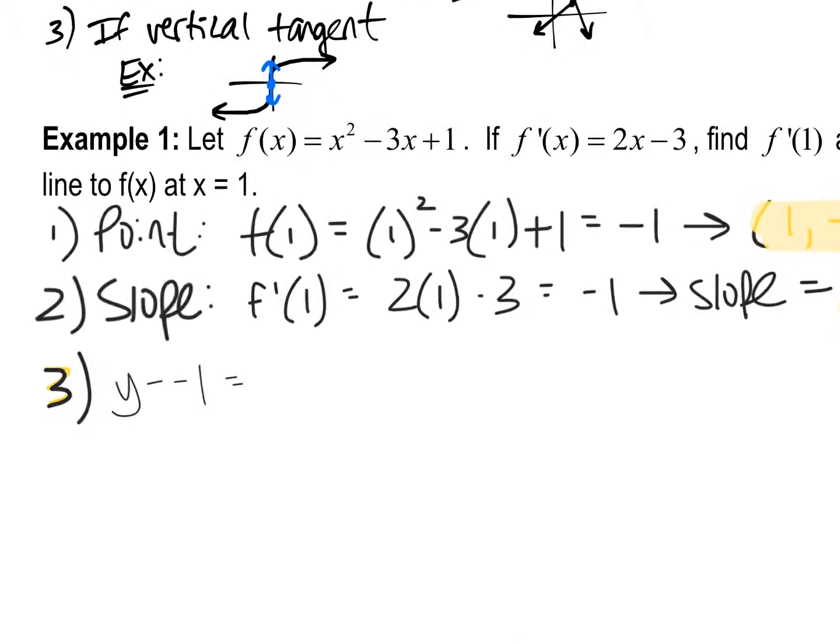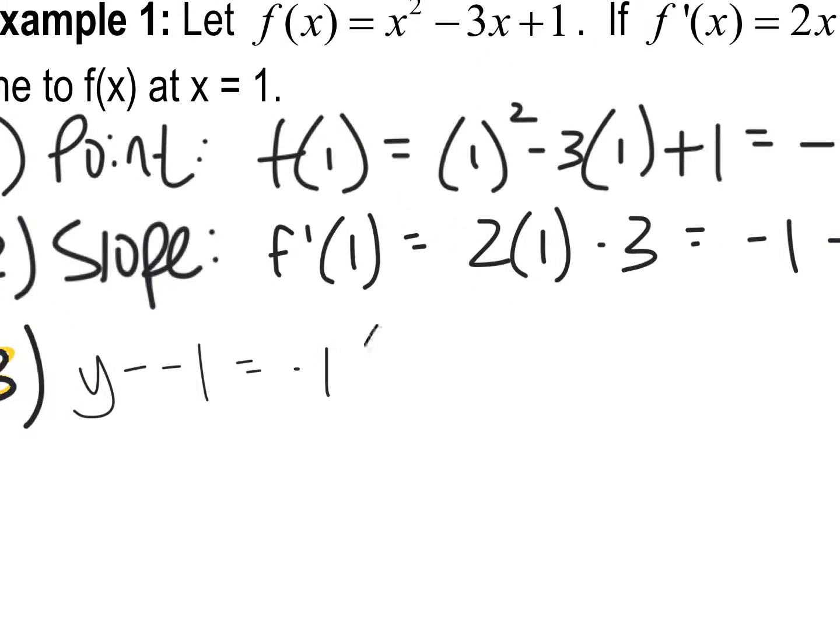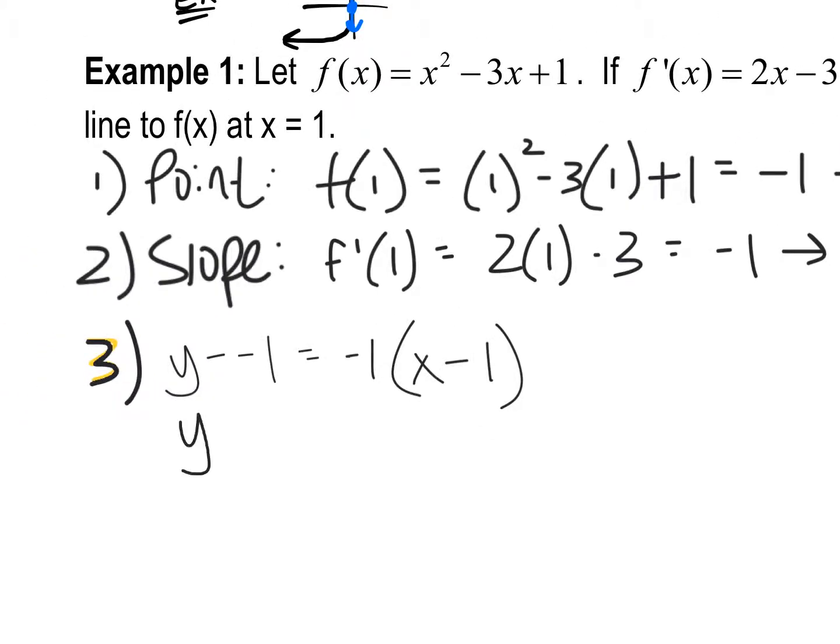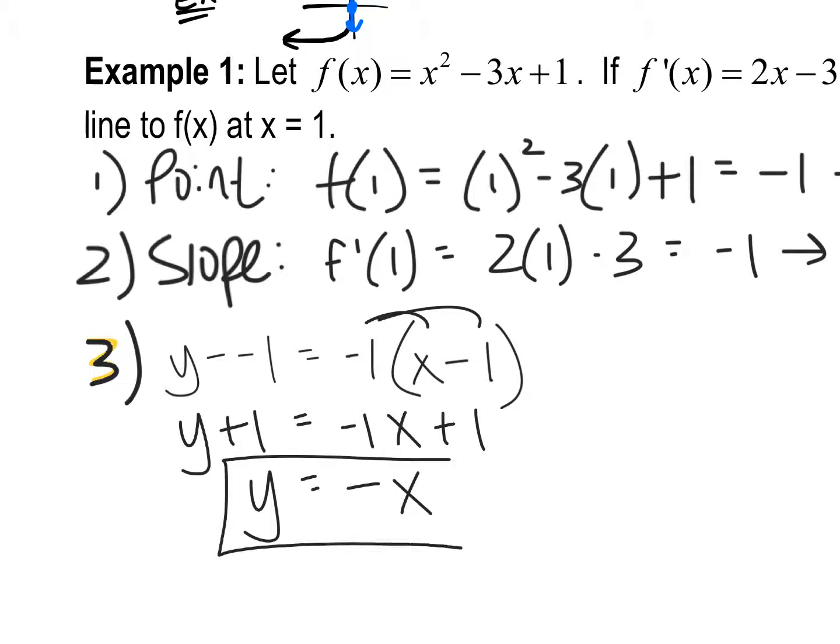Okay, so the slope is negative 1, and then you do x minus the x value, and the x value is positive 1 here. So this means y plus 1 equals negative 1x plus 1 when you distribute that. Be careful with your negatives. And then subtract the 1 over, and you get y equals negative x plus 0. No, you do not need to write the plus 0, so here's the equation of the tangent line to this graph.